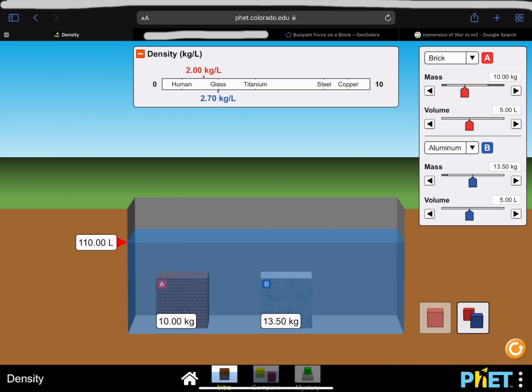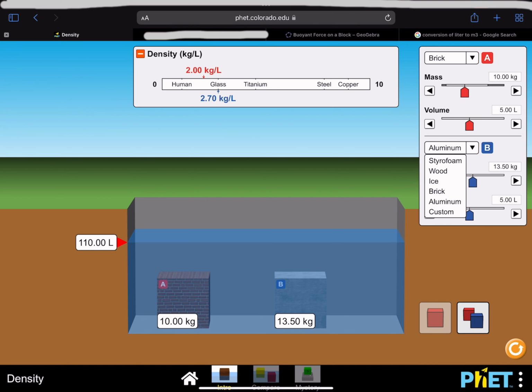Again, because the mass of this is 10 kg, and the displacement is 10 liter, which is nothing but 0.010 meter cube. When you do the same calculation as I did, you will see that the upthrust is less than the weight, and because of this situation, the brick will sink, as well as the aluminium. So this is what we have.